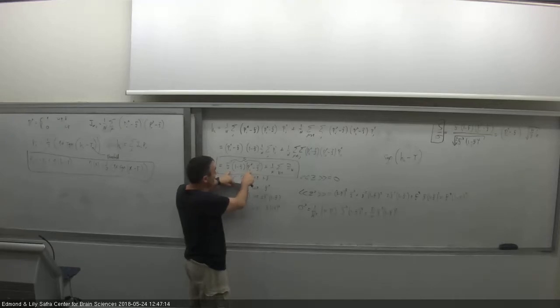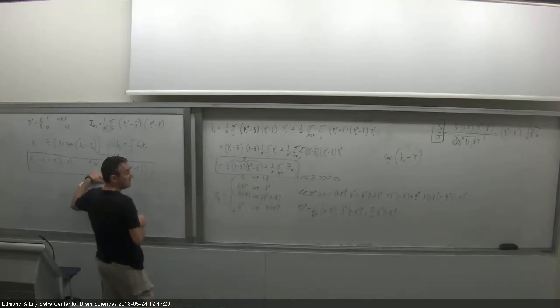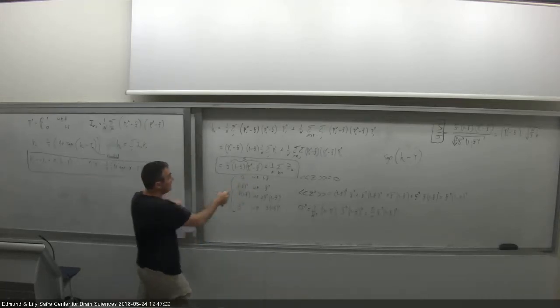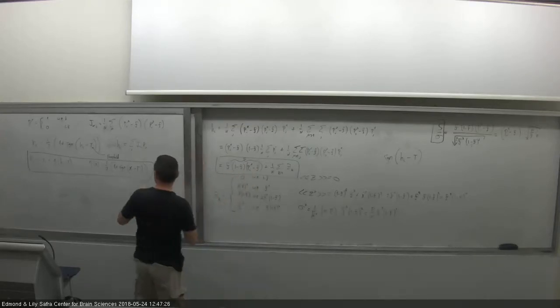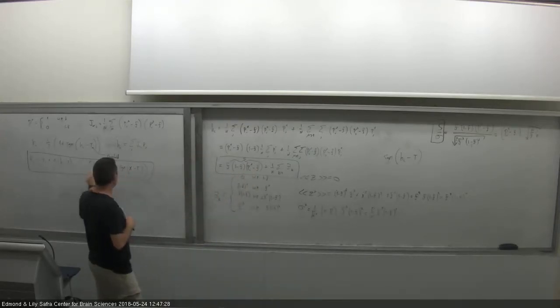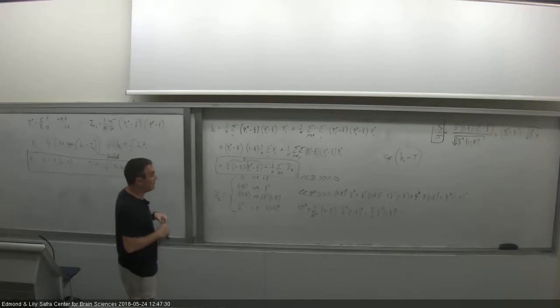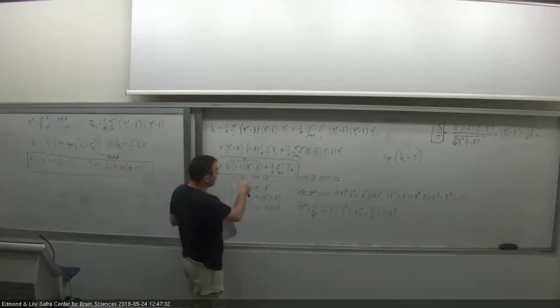Then if pi1 is 1, this would be positive, and then the output would be positive. If pi is equal to 0, then this is going to be negative, and then the output is going to be 0.